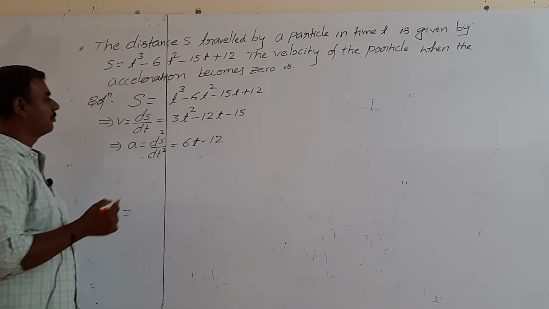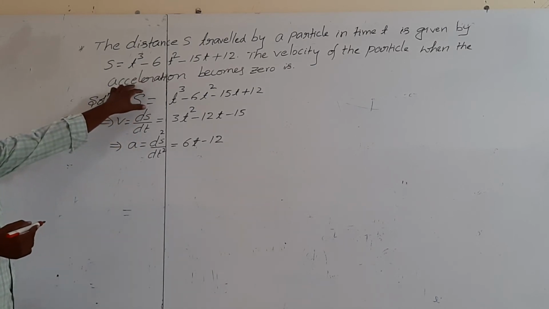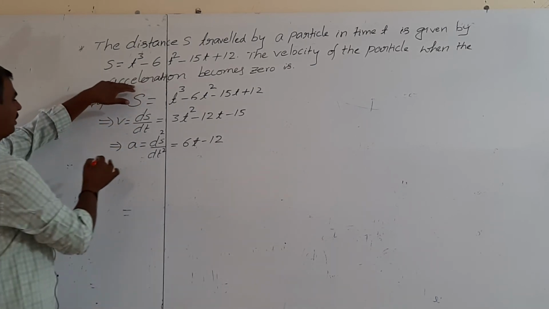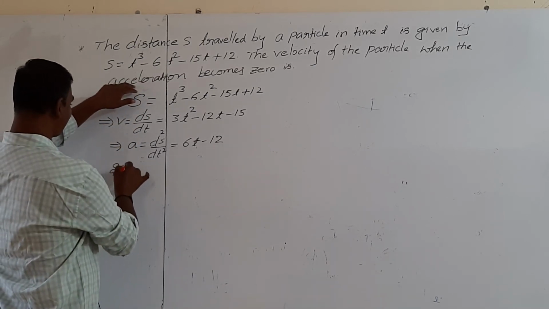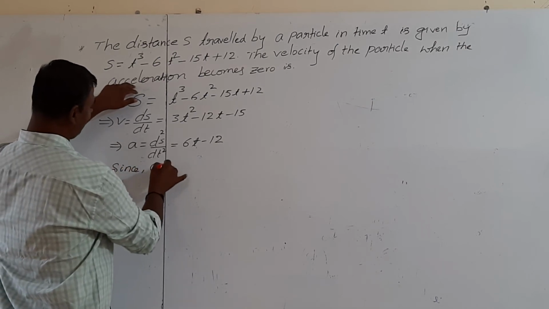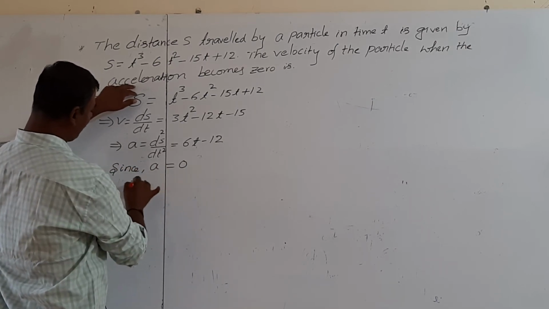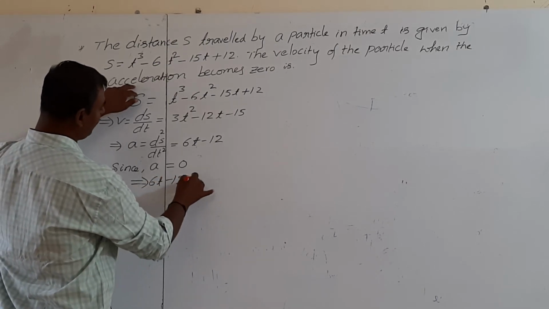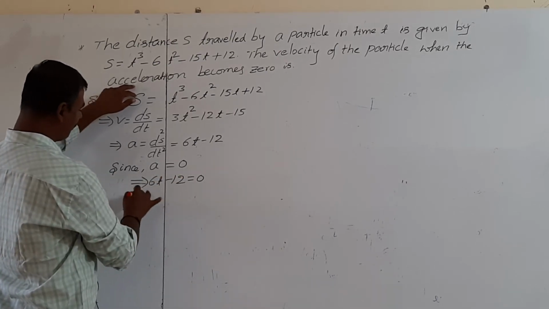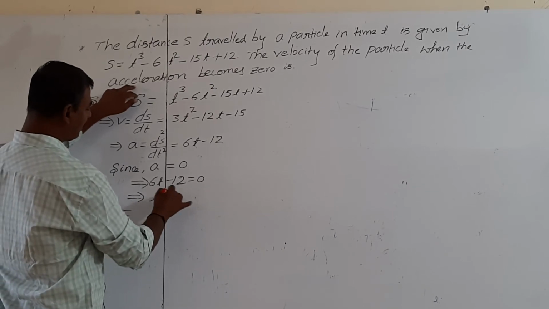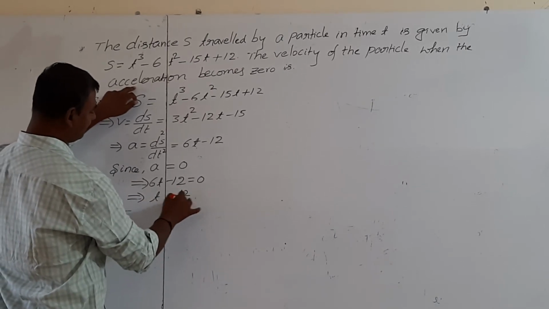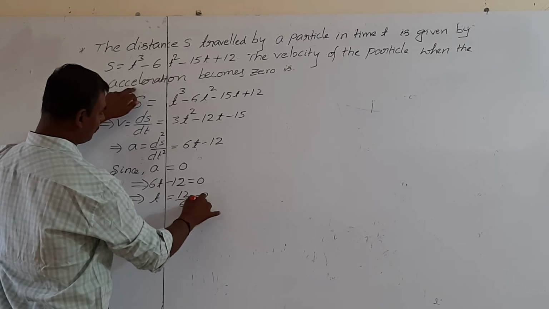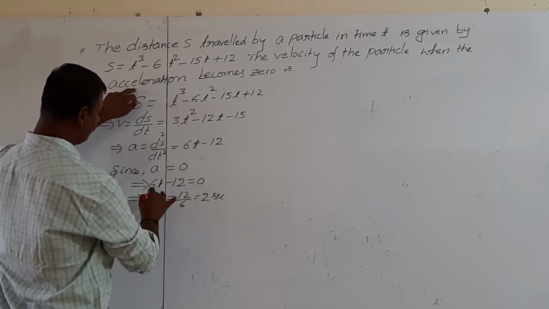At the instant the acceleration becomes 0, a is equal to 0. So equating 6t minus 12 is equal to 0, t is equal to what? 12 by 6, that is equal to 2 seconds.